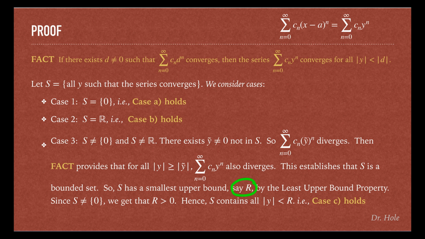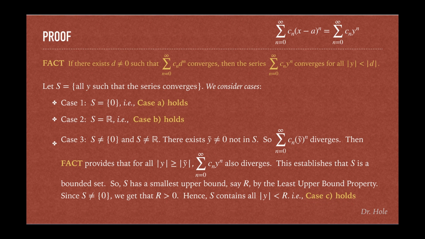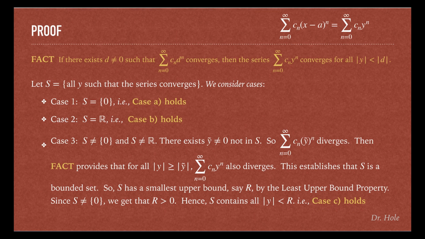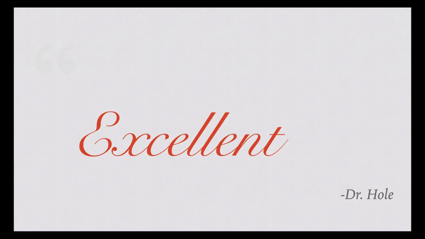Call that R. And then because we know that there are points other than the center in S, R is going to be positive. Therefore, everything that is closer to the center than capital R will be in S, meaning that case 3 holds. And that completes the proof. Excellent.